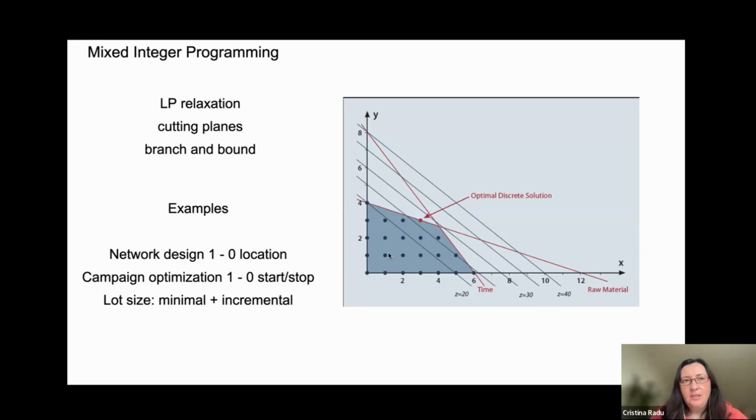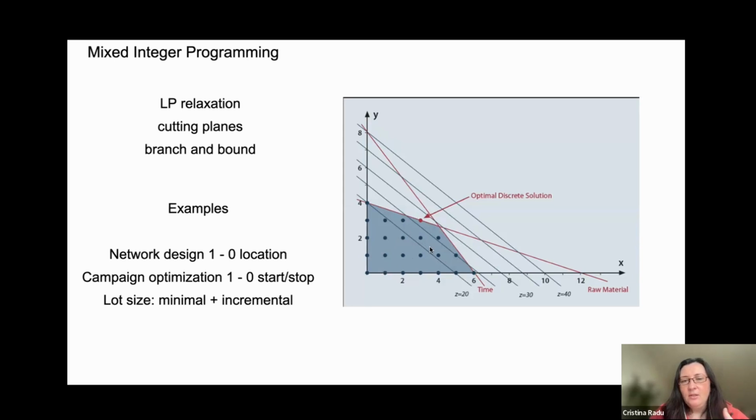And mixed integer programming means that the solution is an integer. So this means that the space of possible solutions is not all of this shape, but only a few points inside. And as we see, they don't always match an extreme point. Like in this case, this is the solution. It's on one of the edges.